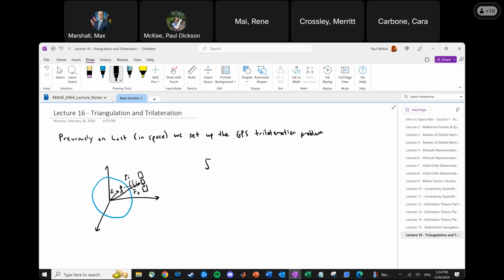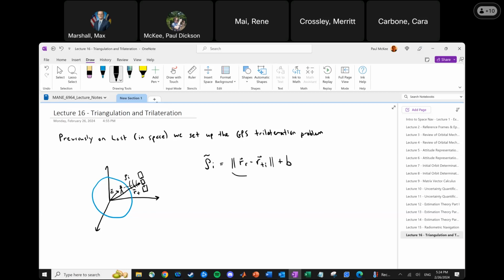So we're going to say rho sub I squiggle is equal to the norm of the difference in positions, R sub R and R sub T, and it's really R sub Ti because there's going to be multiple transmitters, right? GPS does not work with a single measurement, plus some bias.